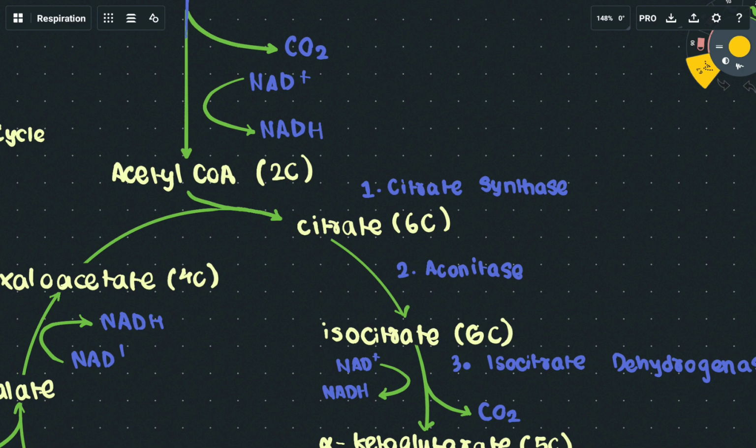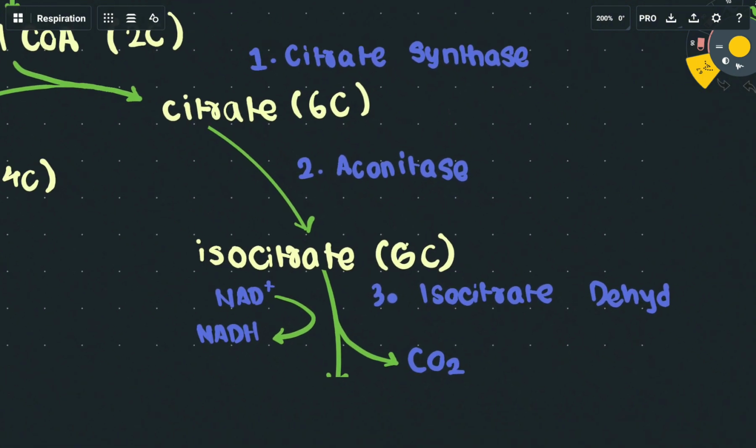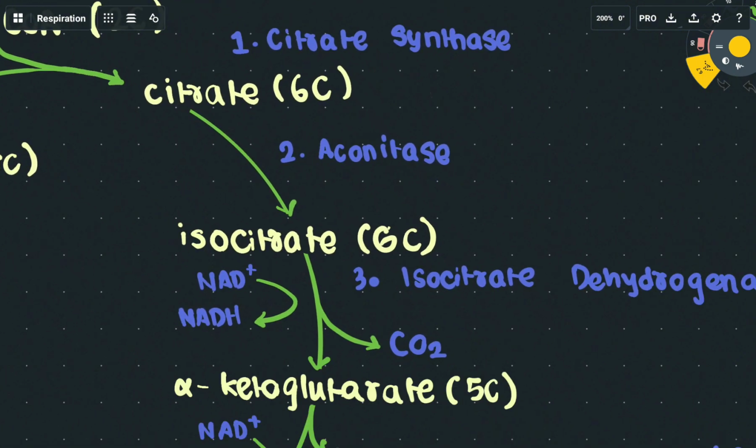So acetyl-CoA and oxaloacetate under the enzyme citrate synthase, so it's literally synthesizing citrate, are converted to a six carbon molecule. Then we use the enzyme aconitase to convert citrate into isocitrate. So there's no removal, there's only rearrangement.